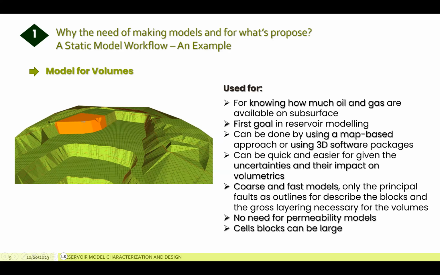And if we give the permeability models from static to dynamic, they will ask you a lot of questions. So permeability is one of the red lights in static models, okay? And cell blocks for this calculation in volumes can be large, okay?